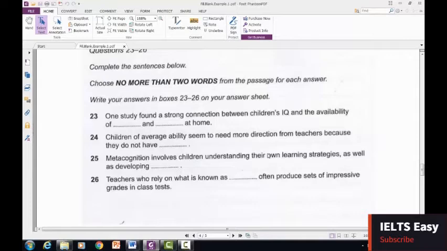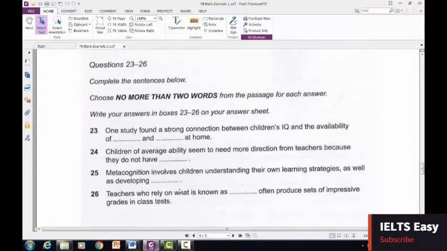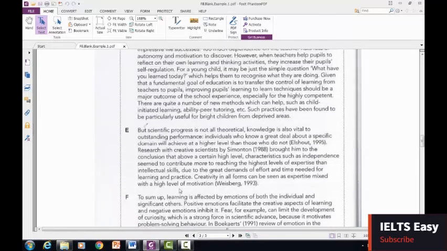So first we find our sentence, and then once we find our sentence, we look for the language that's connected to those words before the blank line, and that will always point us to the answer choice. All right, so let's take a look at that. Teachers, grades, class sets. I know it comes after number 25.